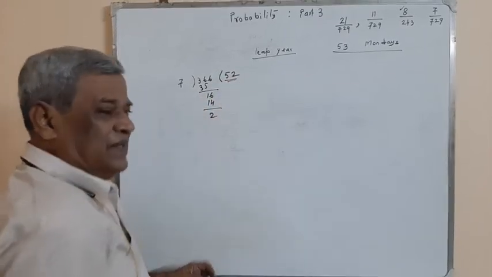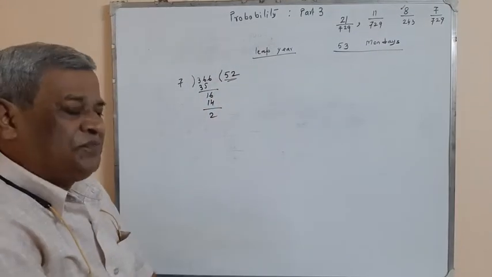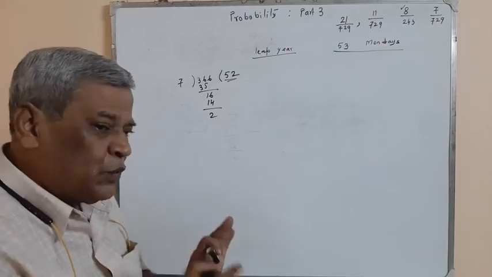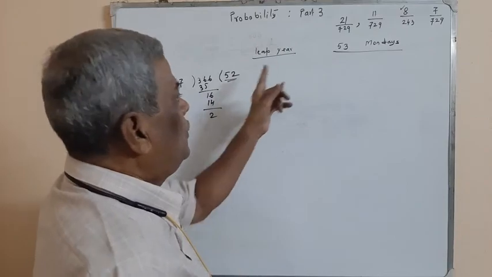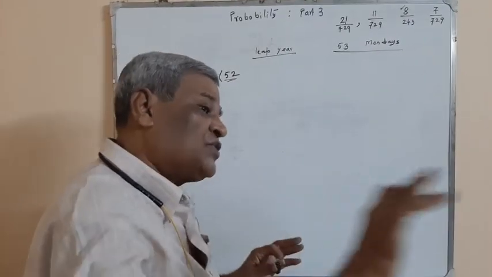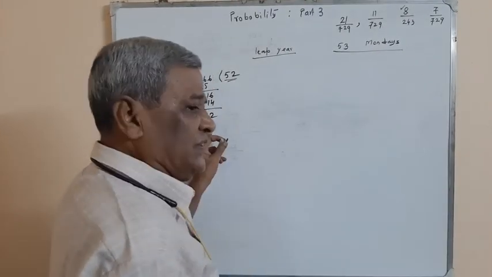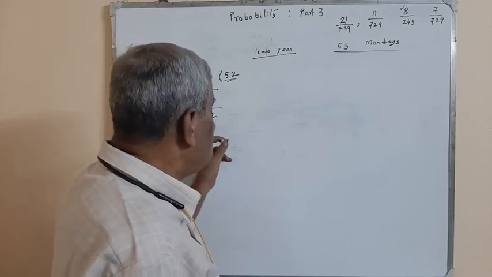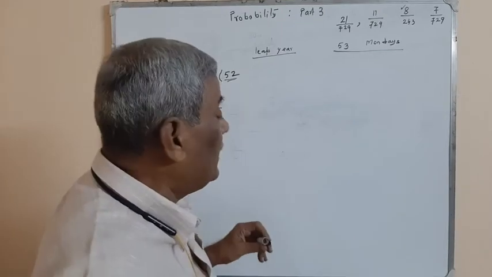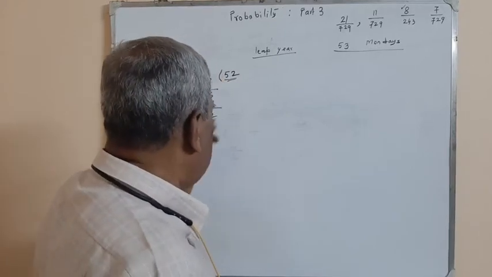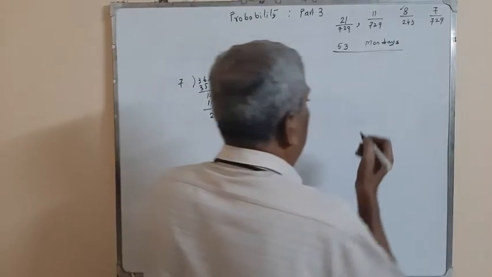So we see that there are 52 complete weeks. So it means that 52 Mondays must be there and 2 more days. In these 2 more days, there may be 1 Monday or there may not be. The distribution of these 2 days is as follows.